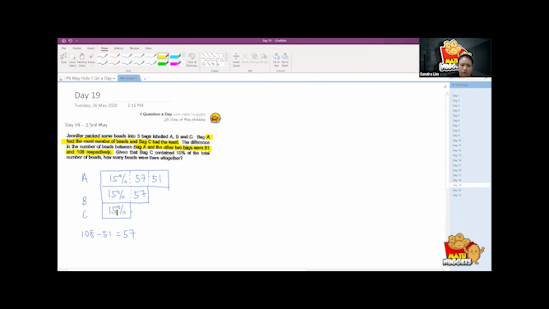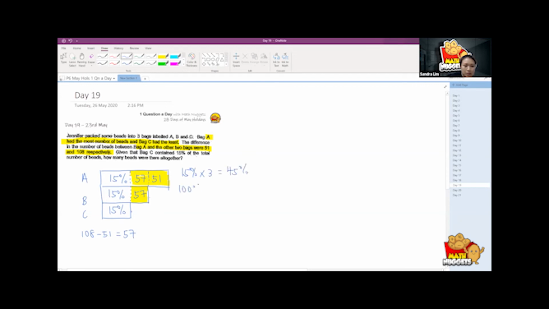If we know that 15, 15, 15, and everything makes up 100, which means this will make up the rest of it. So how many percent? 15% times 3, that's 45%.